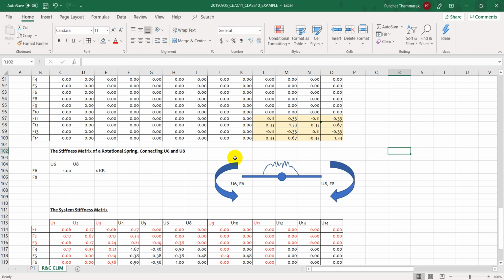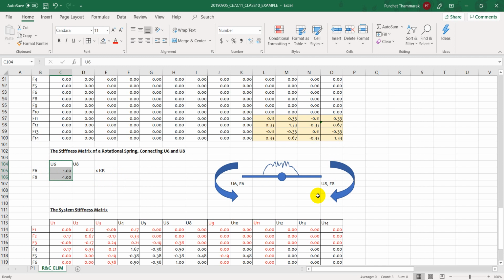So you apply rotation U6 in this direction, you need to apply F6 in this direction. That means you need F8 to go this direction. In order to counterbalance the applied moment, F8 will be identical to F6, but in the opposite direction. So here -1. This is the contribution by U6, the application of U6 only, right?